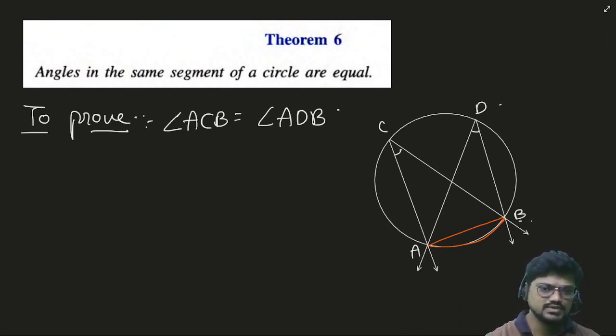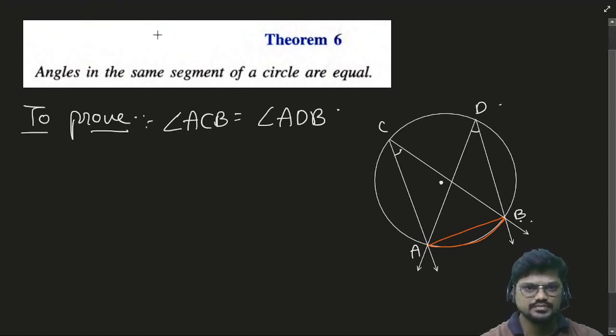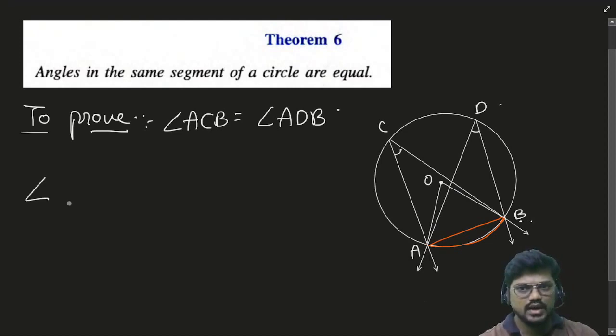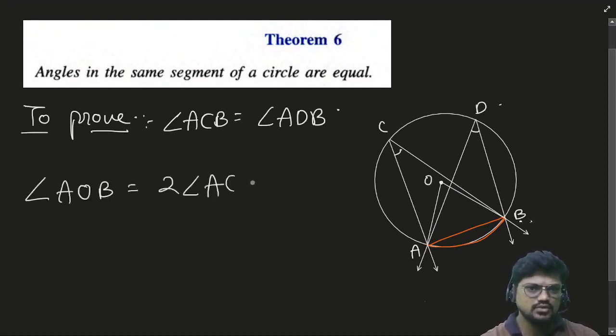Now how can we prove this? This is also very easy. If this is the center of the circle, named O, and I join this, what I know is angle AOB equals twice of angle ACB, yes or no?